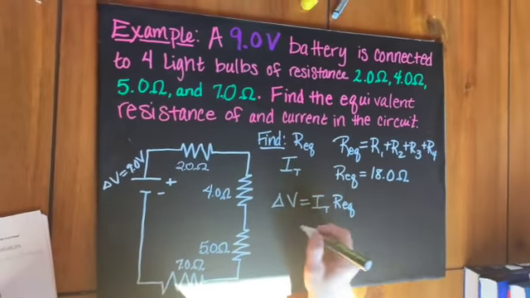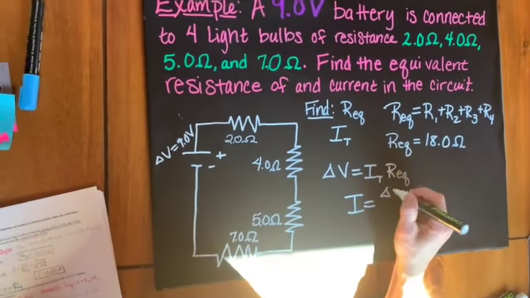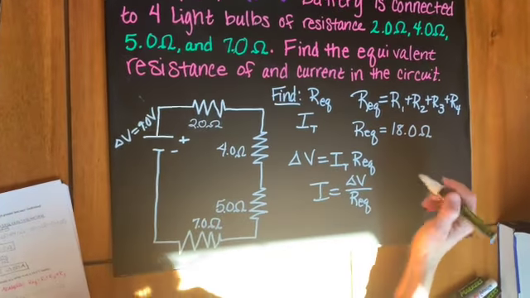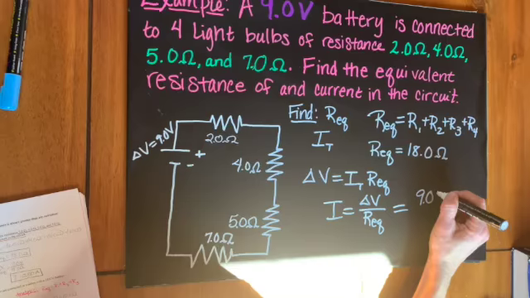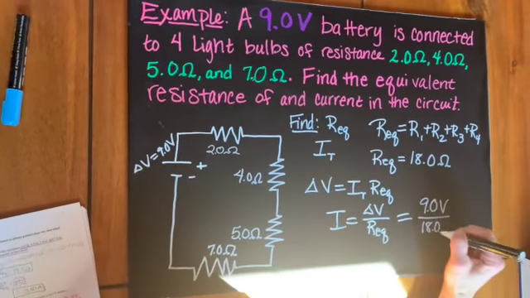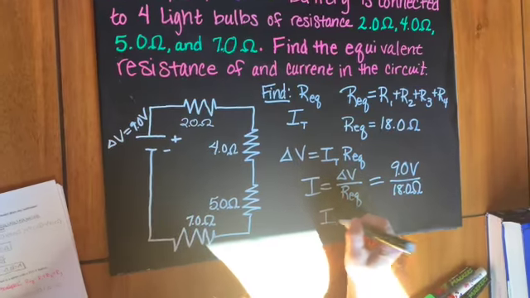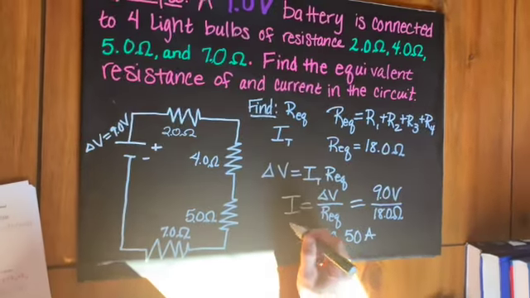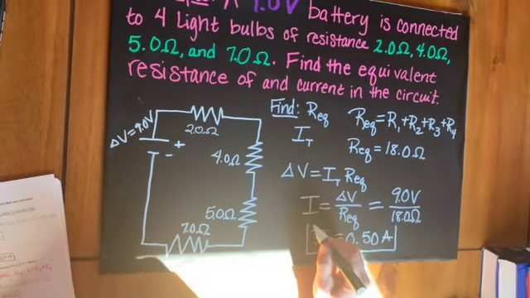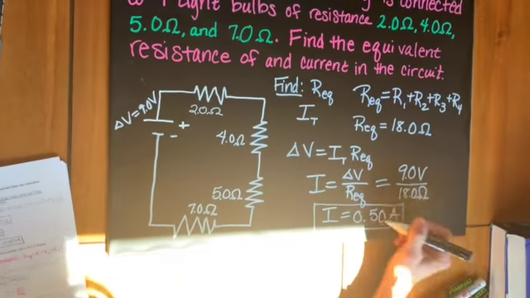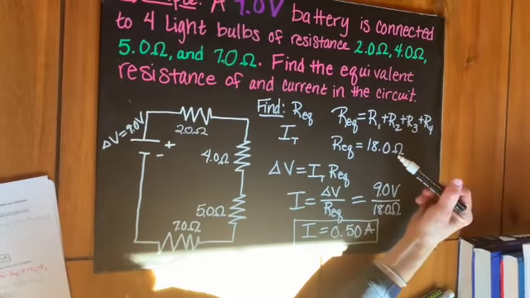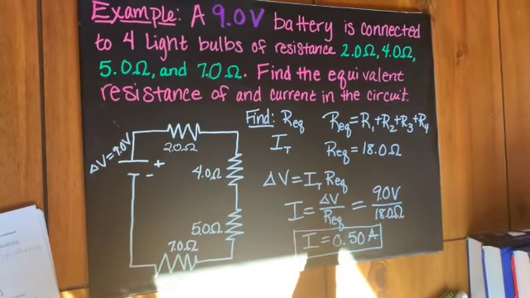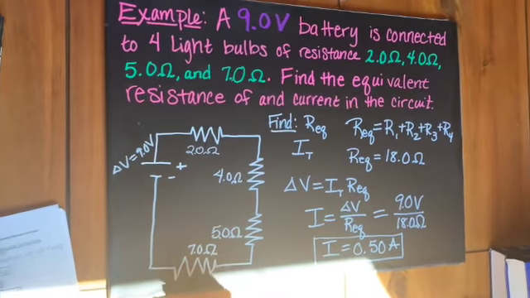So using that information, I know my current is going to equal my total potential difference divided by my equivalent resistance, which is 9 volts divided by 18 ohms. My current is 0.50 amps because I have two significant figures. When we add, we usually go to the final place. So this is the answer to the example.